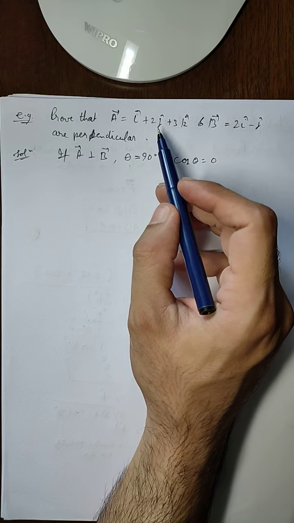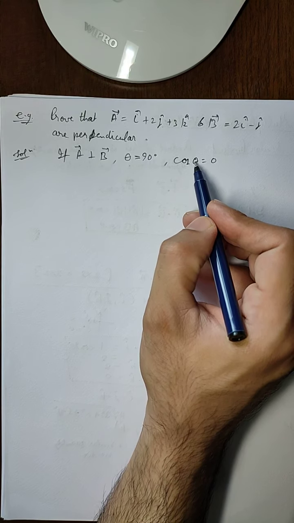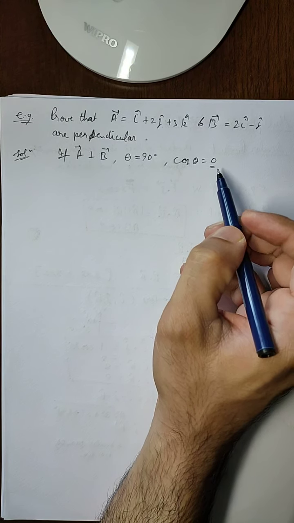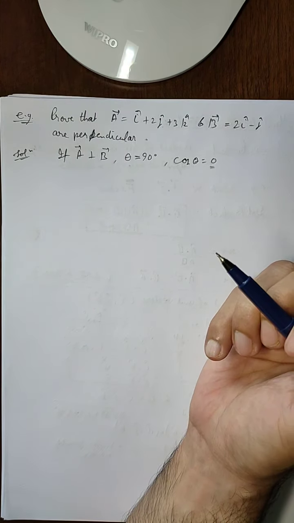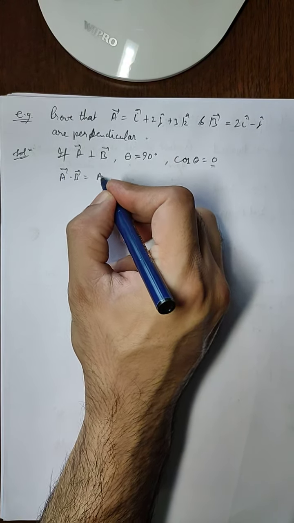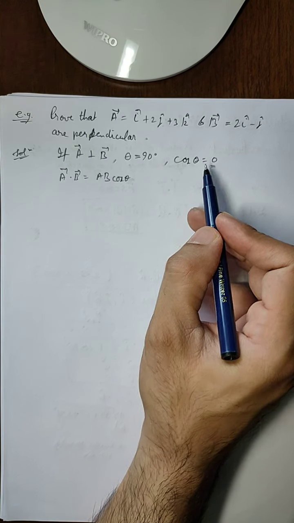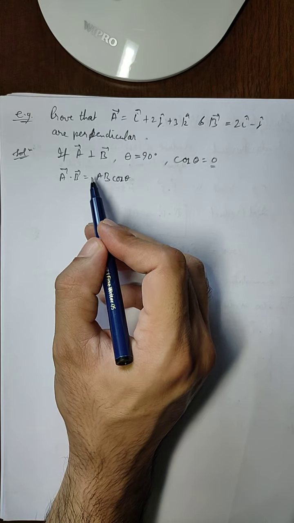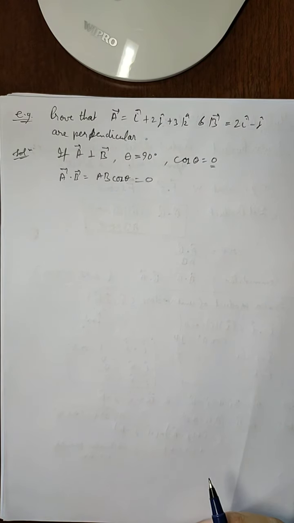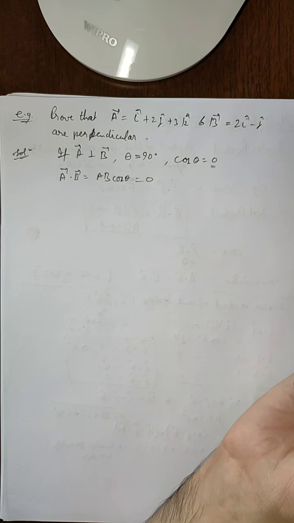This means if we take the dot product of these two vectors and get the answer as 0, then we can say that both of them are perpendicular. A dot b equals ab cos theta, and since cos theta should come out as 0, this entire quantity will be 0. So if we get 0 as a result, then we can say both of them are perpendicular to each other.